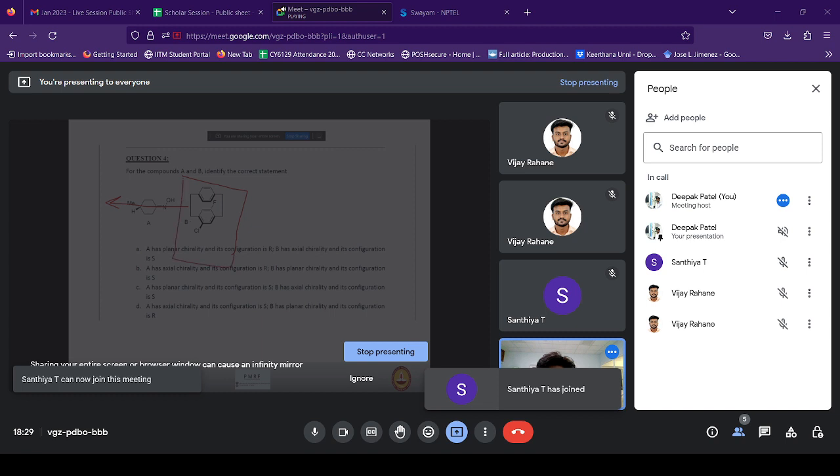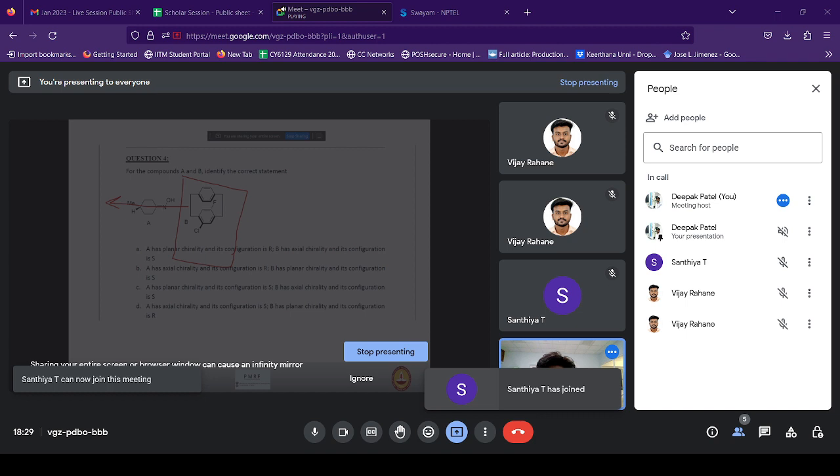So the options are: A has a plane chirality and its configuration is R; B has the axial chirality. First, to eliminate the options, you can see A has a planar chirality. No, it's axial chirality; this is a planar chirality. To find the configuration of this, you can simply start naming from this side.